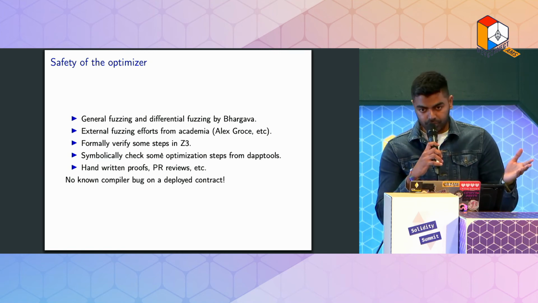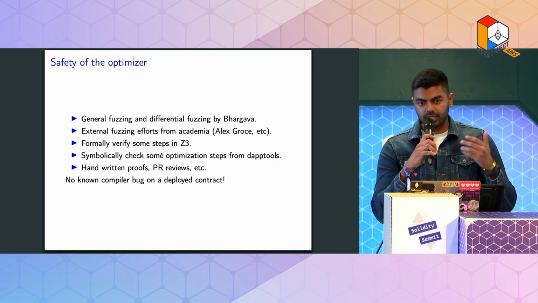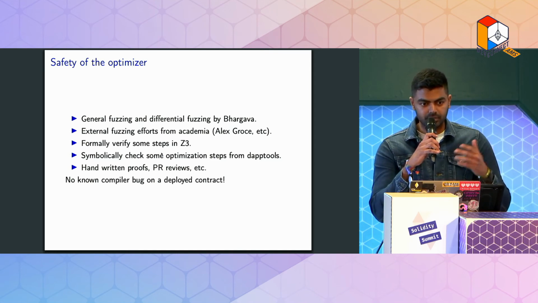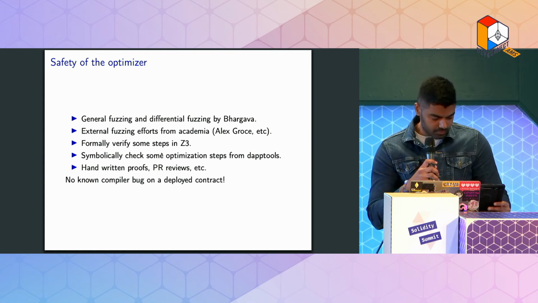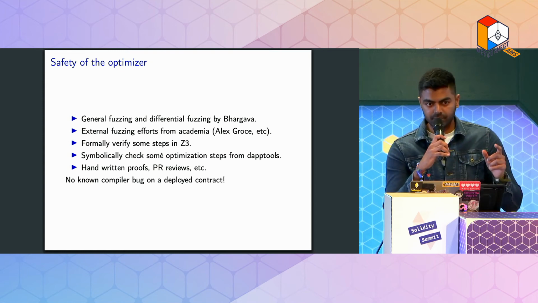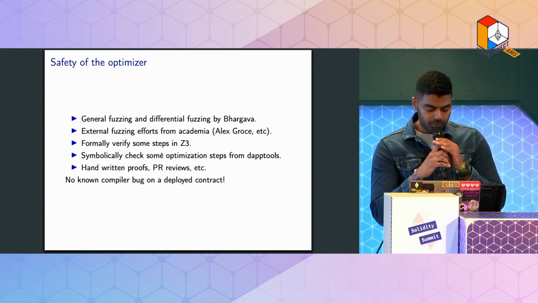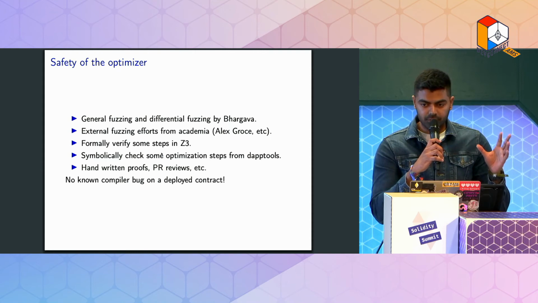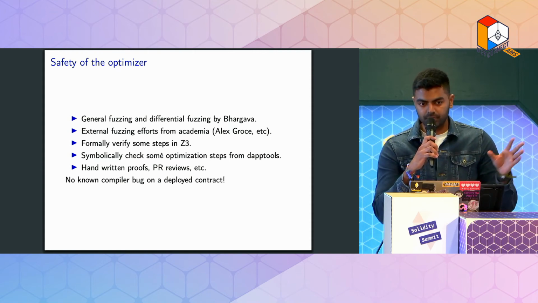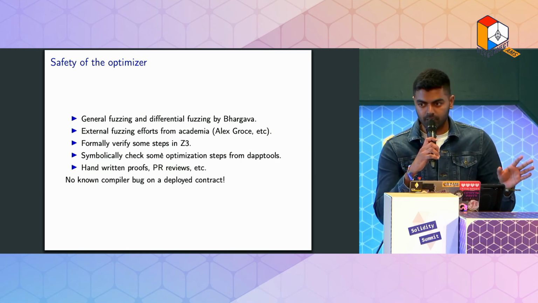This is also true for the optimizer. You can generate Yul code and try to see if these invariants inside the Yul optimizer can be broken. More interestingly, because we have two different code generators, one for legacy and one for Yul, you could try to generate random Solidity programs and see if both of these code generators would produce semantically equivalent code.